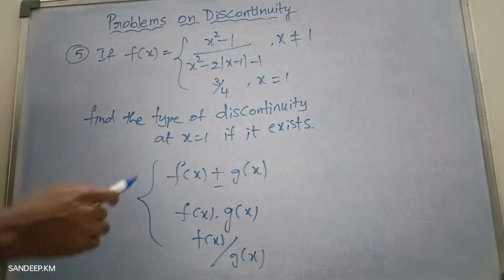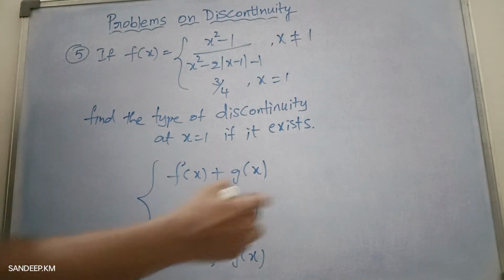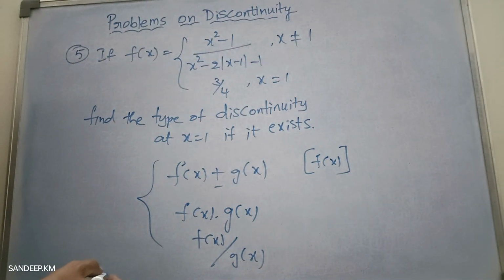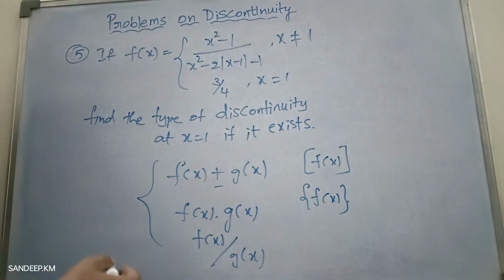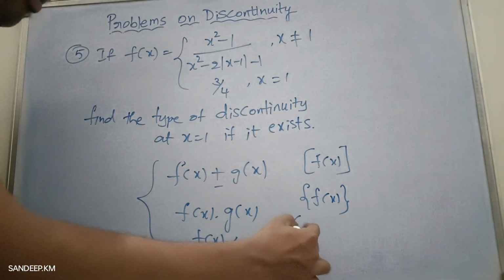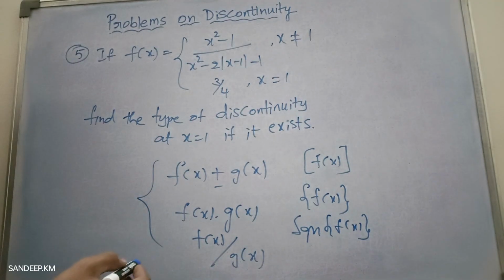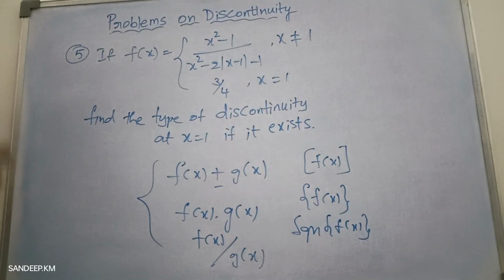Okay now, so let us discuss it in the next video, and after that we will discuss continuity of the functions which are in the form of step of f of x, fractional part of f of x, and also the functions which are in the form of signum of f of x, functions whose limits are at infinity. We will discuss all about the continuity of those functions in the upcoming videos, and after that we will start with the chapter of differentiability.